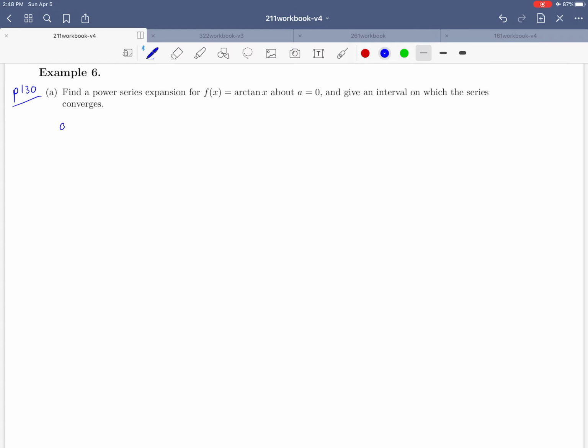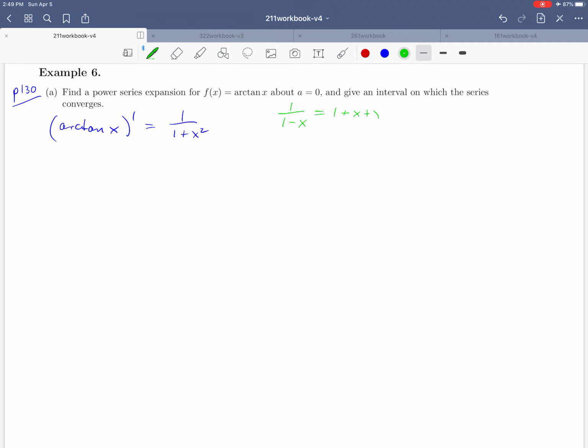So the derivative of arctangent of x is equal to 1 over 1 plus x squared. And when you see that, I hope you're thinking, hey, 1 over 1 plus x squared, that looks a lot like 1 over 1 minus x, and we know the power series expansion of 1 over 1 minus x, and we've used it a bunch of times now.